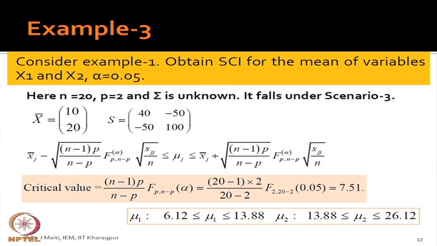So, I think the right-hand side you find for mu 1 and the left-hand side for mu 2. This side people find for mu 1, the left-hand side please find for mu 2, and cross-check. If x1 is okay, then x2 will also be okay.